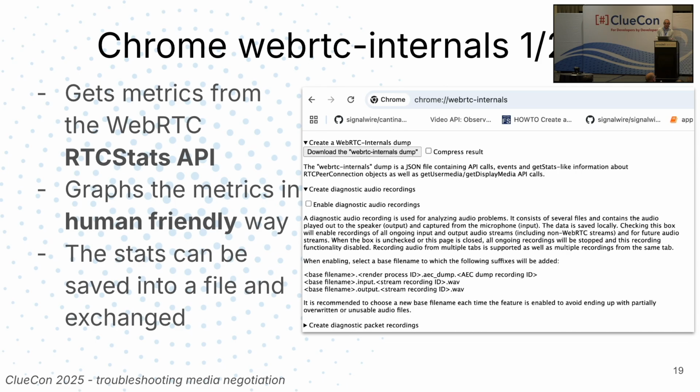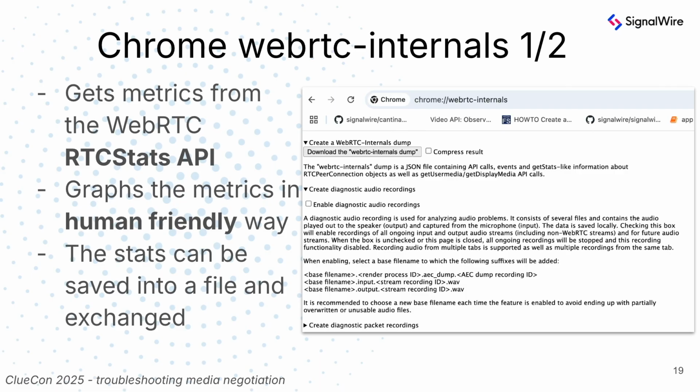So I mentioned WebRTC internals. It's a tool that is available in Chrome, and it uses the RTCStats API and provides, we will see it in the demo, graphs in a human-friendly way, to try to understand what's going on and get an idea of the possible issues.